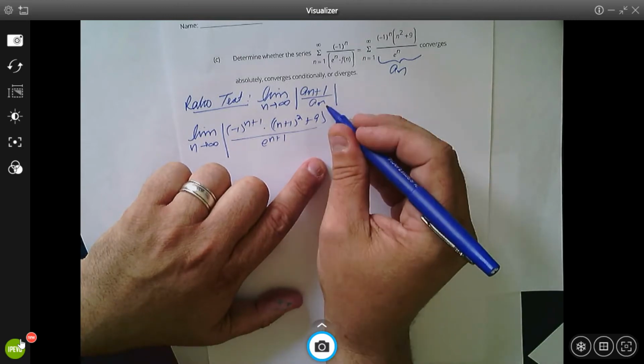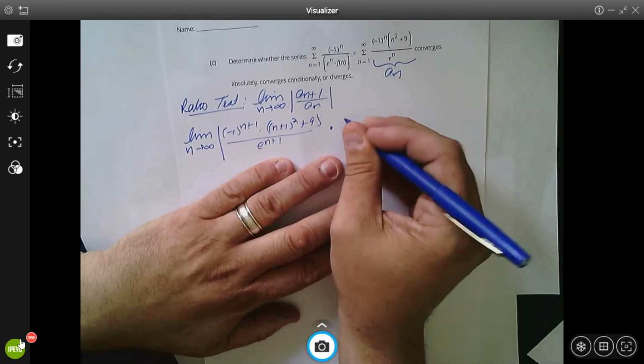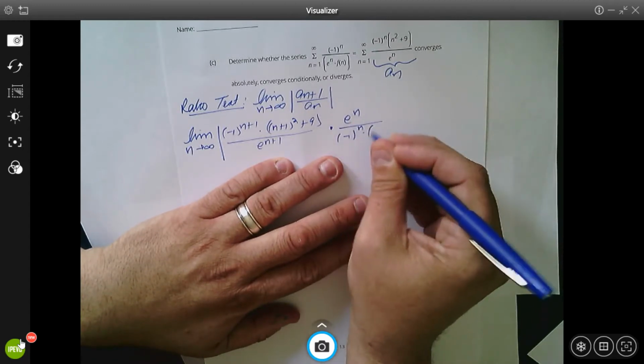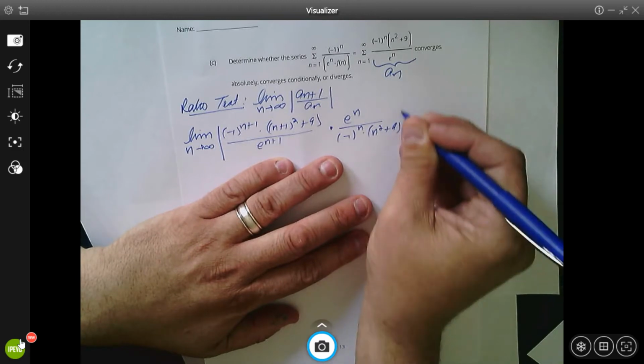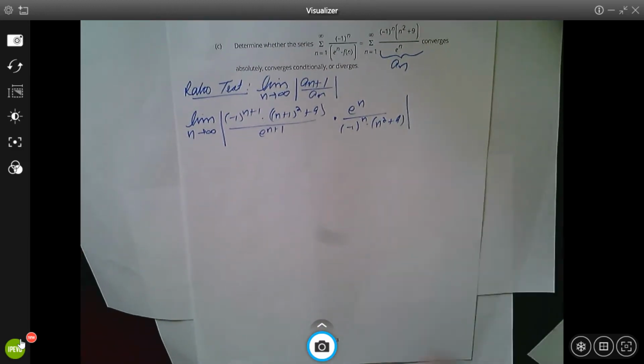We're now going to divide by a sub n, which is the same as to multiply by the reciprocal. So now we have e to the n, negative 1 to the n, n squared plus 9. Whew. Make sure you get everything written down correctly.